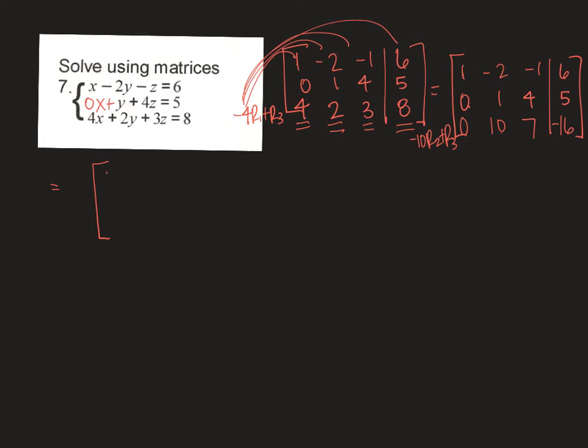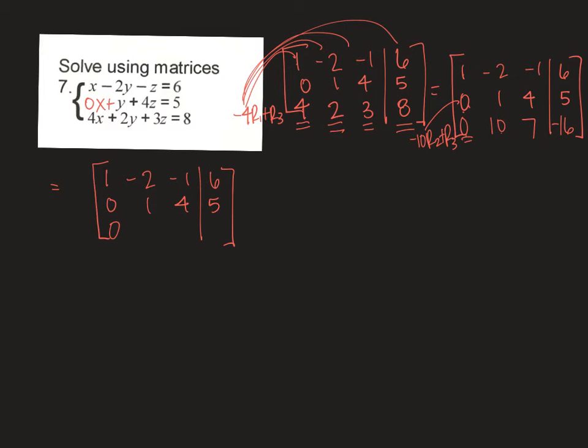So again, my first and second row are going to stay the same because I only want to change the third row. So -10 times 0 is 0 plus 0 is still 0.